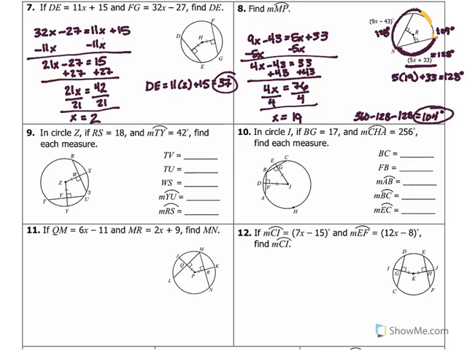Okay, these next two, we're just going to use the information they gave us to find multiple pieces. So it says in circle Z, RS is 18. So let's find RS. That is 18. And the measure of our TY is 42 degrees.